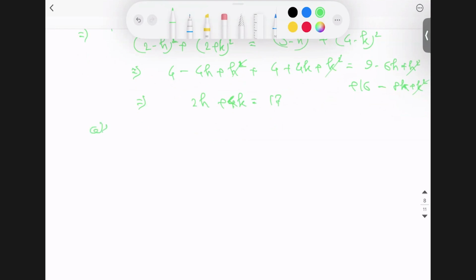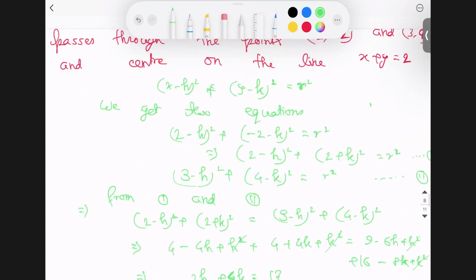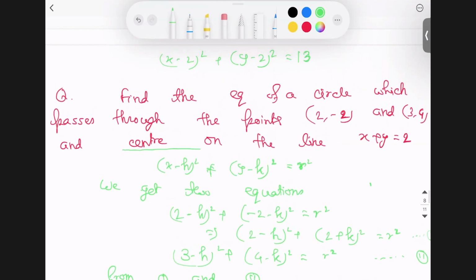Also, from the given condition, h plus k should be equal to 2. Why? Because they have put a condition that the center lies on this line. So the center is the point h comma k.